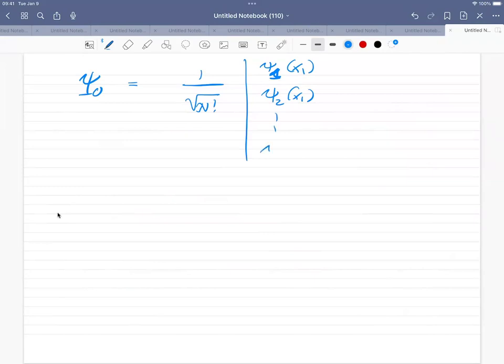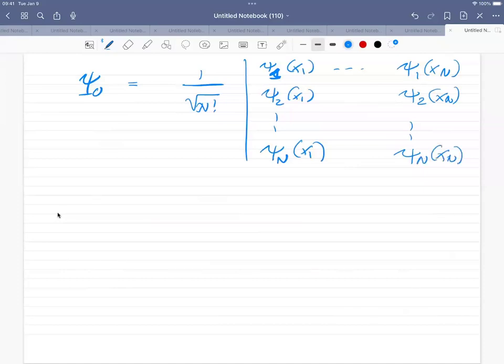And this goes all the way up to psi In of x1. And this continues all the way up to psi I1 of xn. So these are now single particle wave functions. Psi I2 of xn, up to psi In of xn.